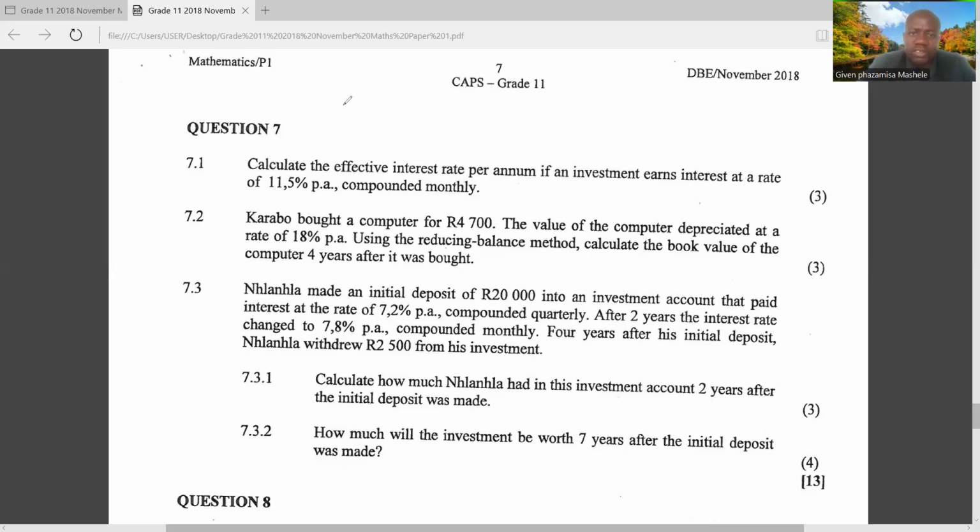So here we wanted to calculate the effective annual interest rate when we are given the nominal interest rate. So the nominal interest rate is 11.5 over 100, which is actually 0.115.